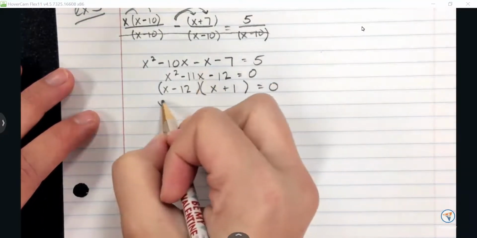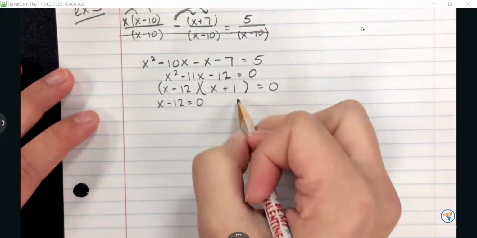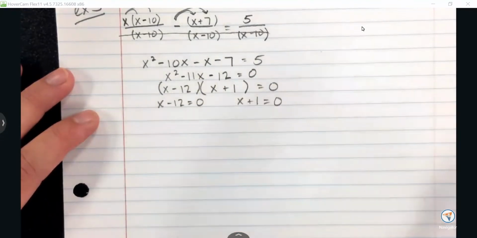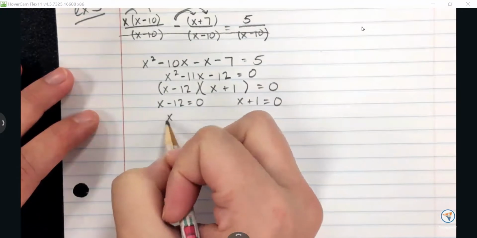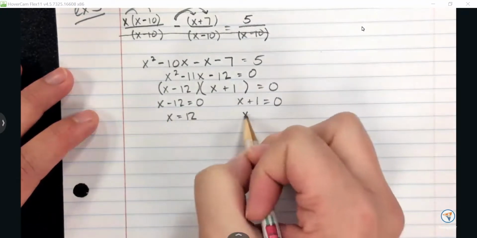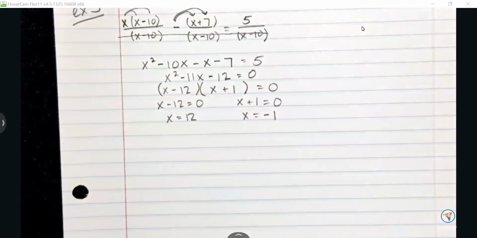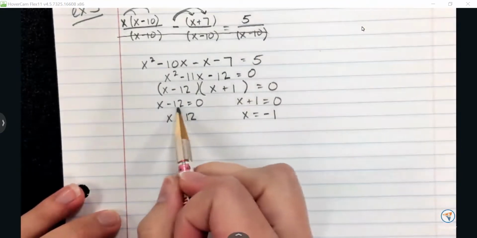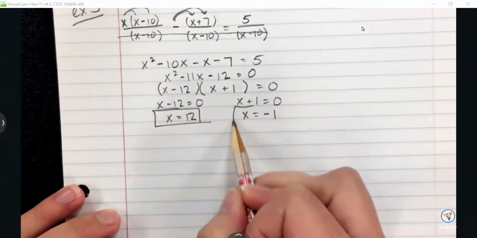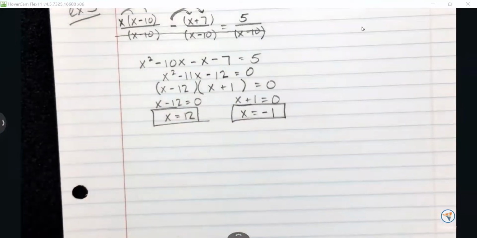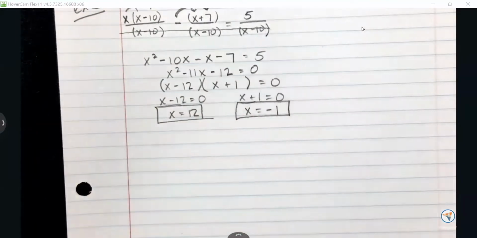Set them both equal to 0. So x equals 12 and x equals -1. Can both answers be true? Yes, because what's the only answer I could not have? X equals 10. So both would be true. It's just harder because you have more steps.